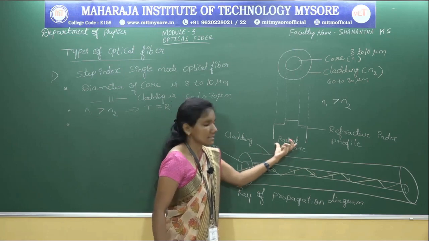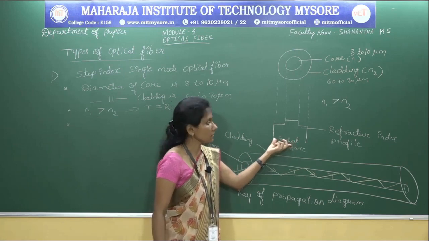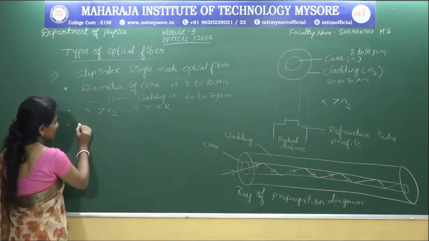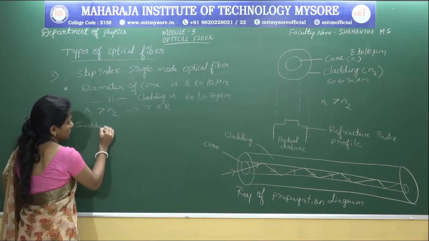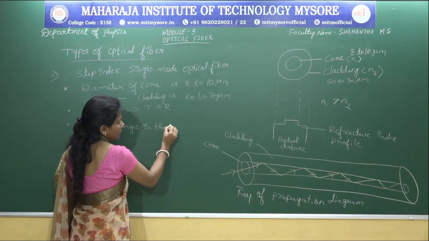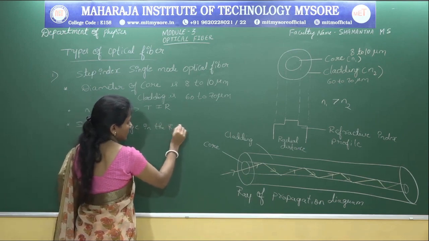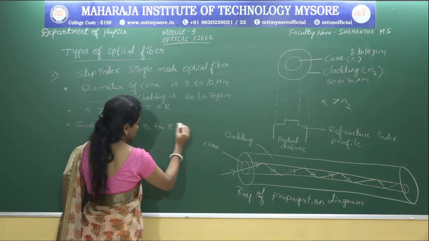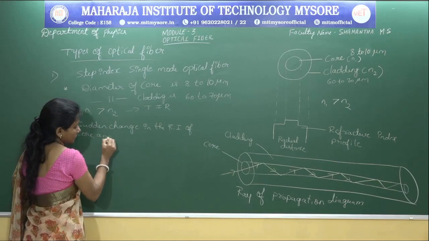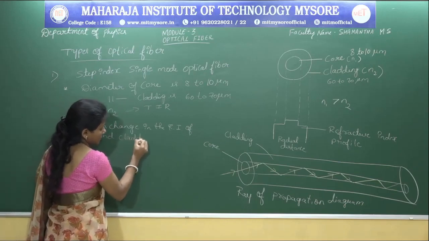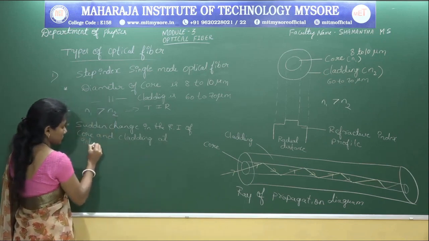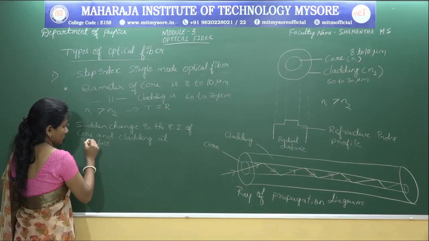Here the axis is the radial distance. There is a sudden change in the refractive index of core and cladding at the interface.